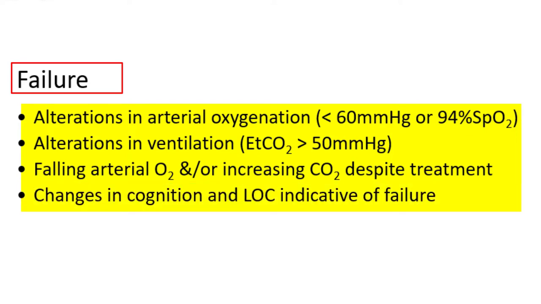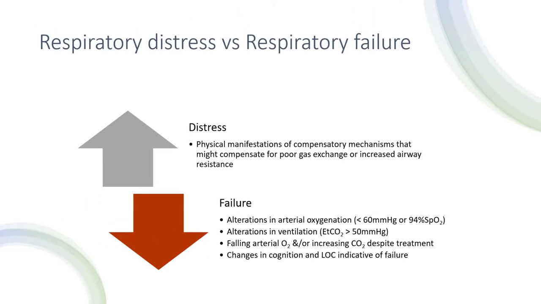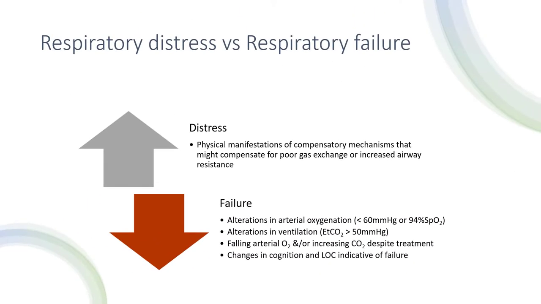Finally, in the presence of respiratory distress or failure, if we see a change in cognition or a change in the level of consciousness, it's not going to be a compensatory mechanism. We're looking at a very severe indication of outright respiratory failure. I think it's important to realise that people can have respiratory failure without necessarily showing lots of signs of distress per se.